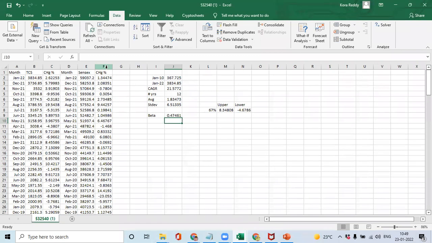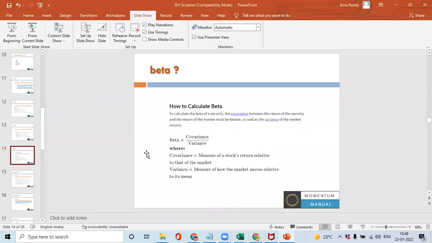Okay, so what is the beta of TCS? The variance, we shouldn't take it for TCS in the denominator. The variance should be of the market. I will give the slides.